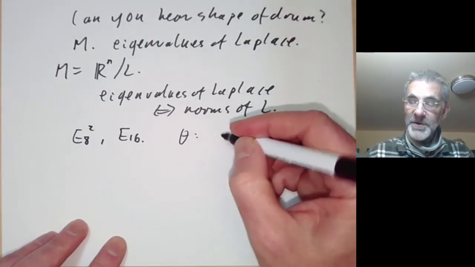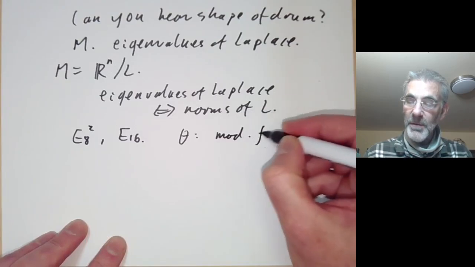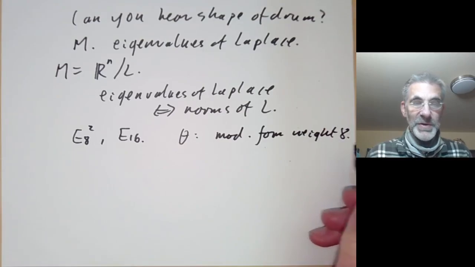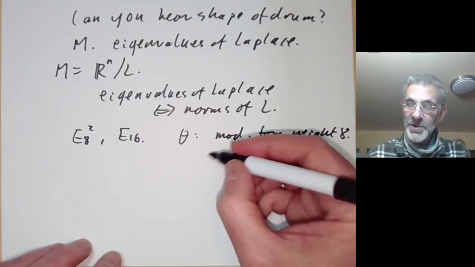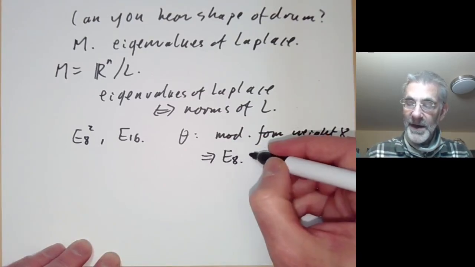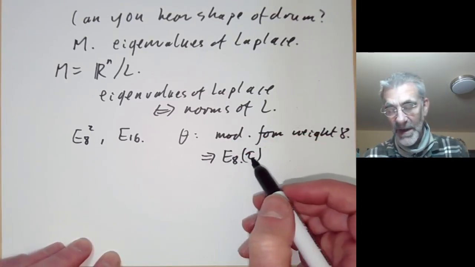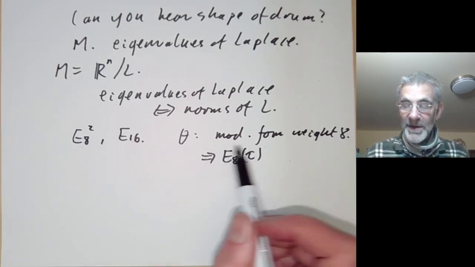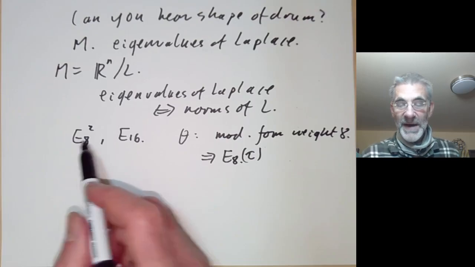Now the theta function of either of these is a modular form of weight 8, and the space of modular forms of weight 8 is just one-dimensional, so it must be the Eisenstein series E8, not the lattice E8, of course. So we've got 2 lattices with the same theta function, so the drums made out of these would sound the same.